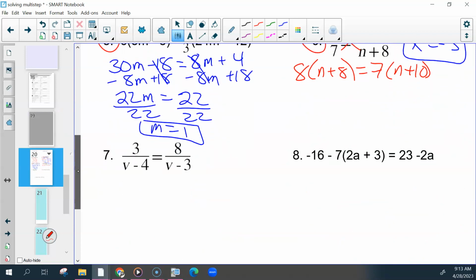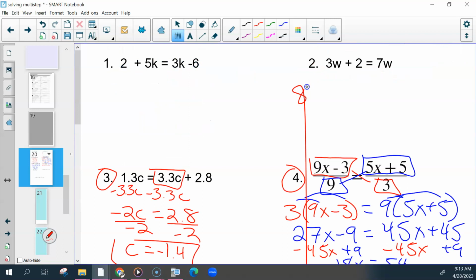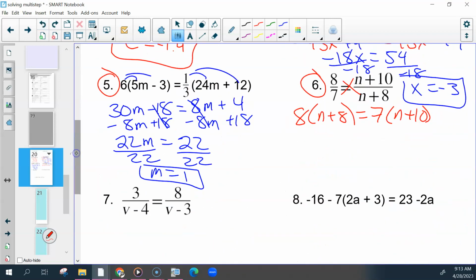Distribute. We have 8n plus 64 equals 7n plus 70. What do we want to move first?